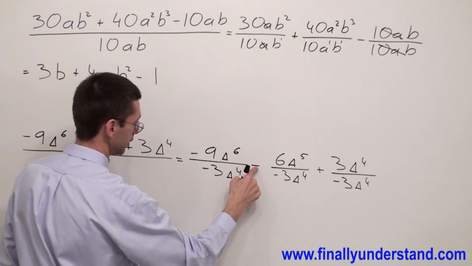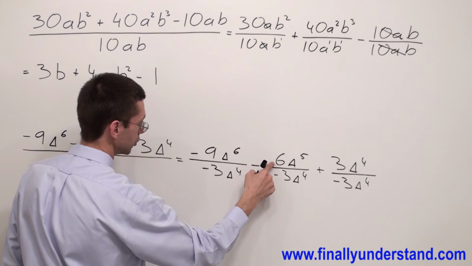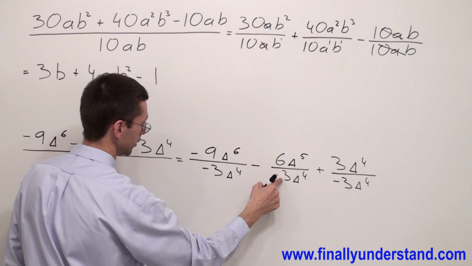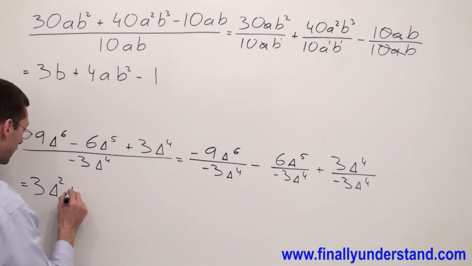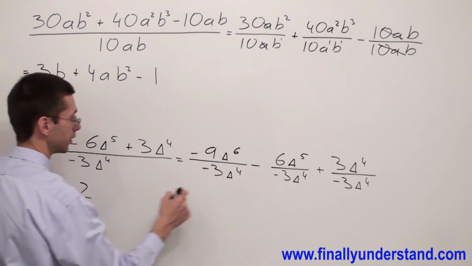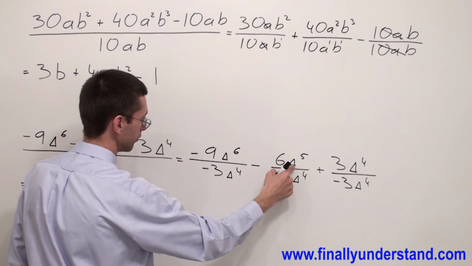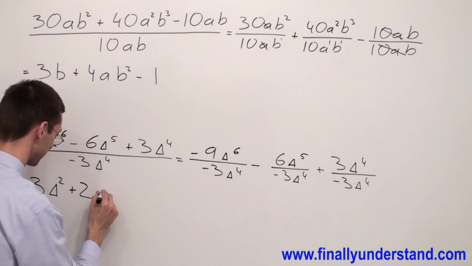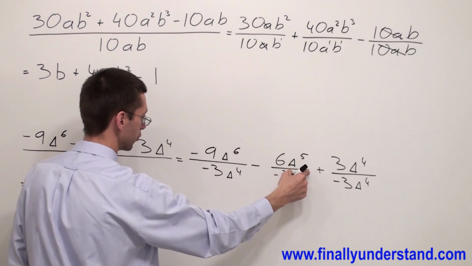Next, negative divided by negative will give me positive. 6 divided by 3 is 2. That's why I'm going to write positive 2. Delta, delta, and division. Okay, I have to keep delta and subtract the exponents. 5 minus 4 is 1.